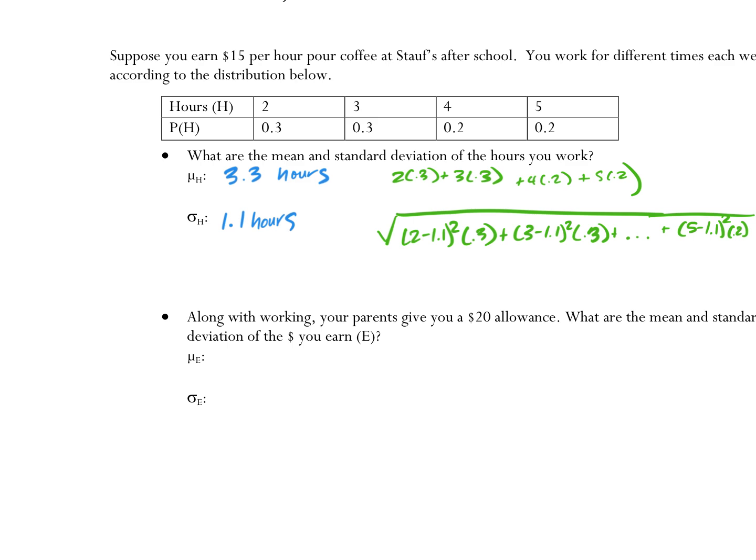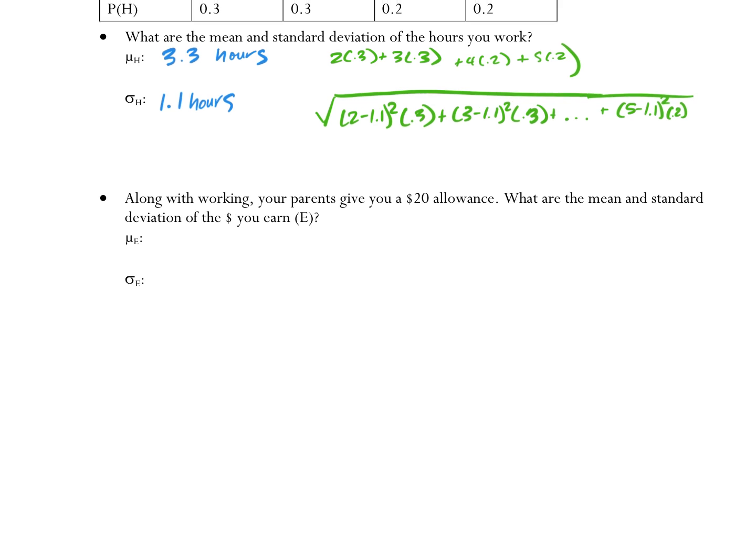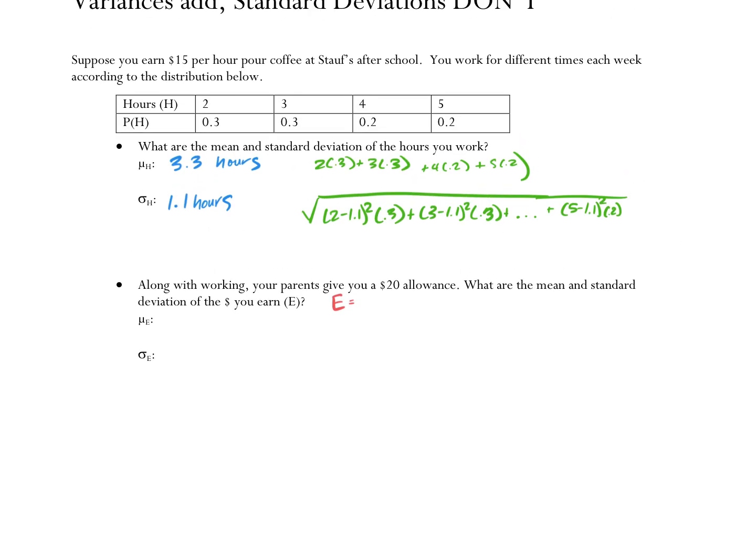Okay, so along with your job, you get a $20 allowance. So your earnings are going to equal your allowance plus how much you earn at your job, yeah? So are you guys with me that it would be $20, because that part's always $20, plus, and then you're making $15 an hour, yeah? So that would be 15 times however many hours you work.